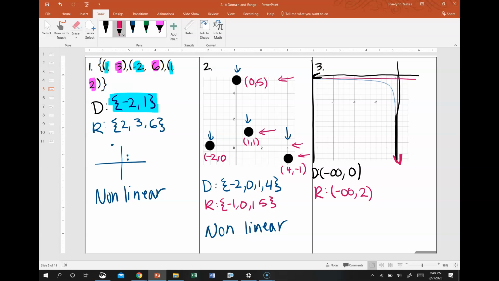So my domain, left to right, remember this is from left to right, and then my range is from down to up. Okay? If that made sense, we go from the bottom up. Here we stopped on positive 2, and then going over we stopped on 0.